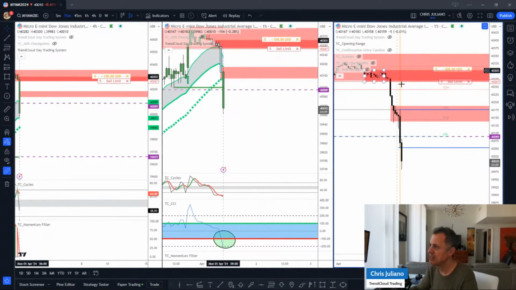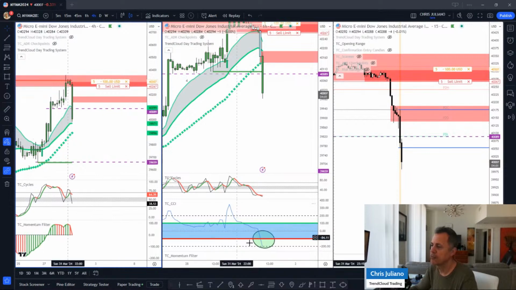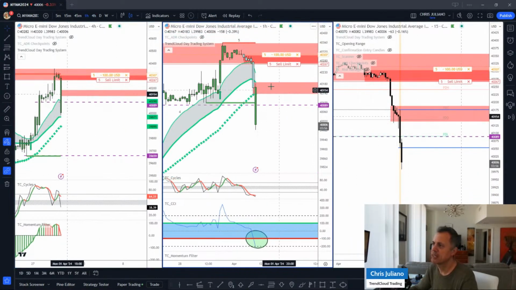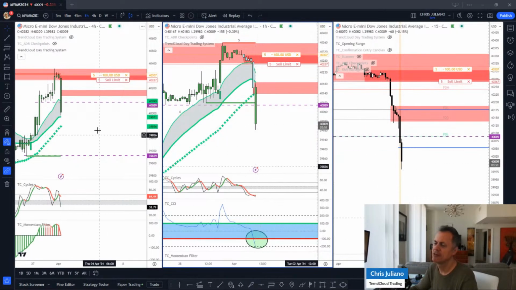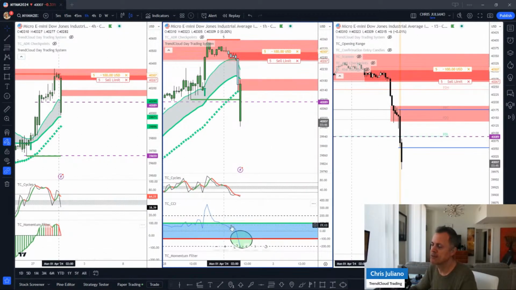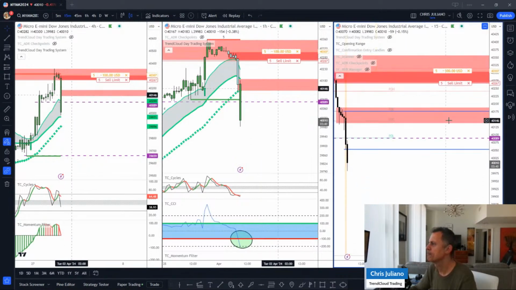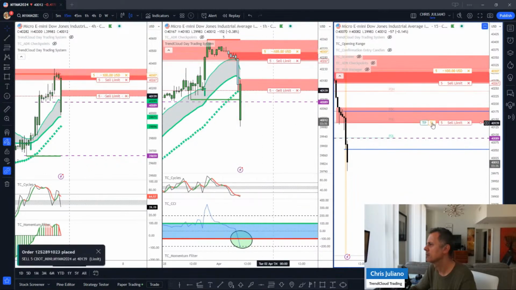If it pulls back to any one of these supply zones, we've got momentum on our side on both the middle time frame and high time frame. We're at the very beginning stages of a downtrend on the middle time frame, so we don't have the trend with us, but we've got momentum on both time frames. Very possible. How much is this? Sell 5.